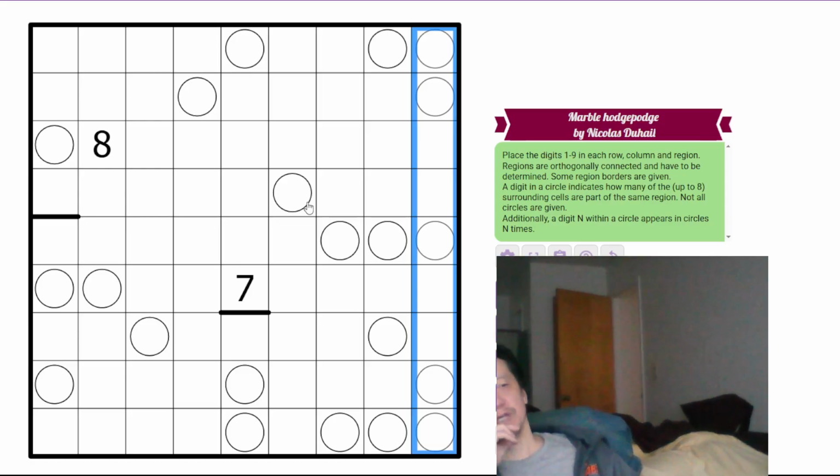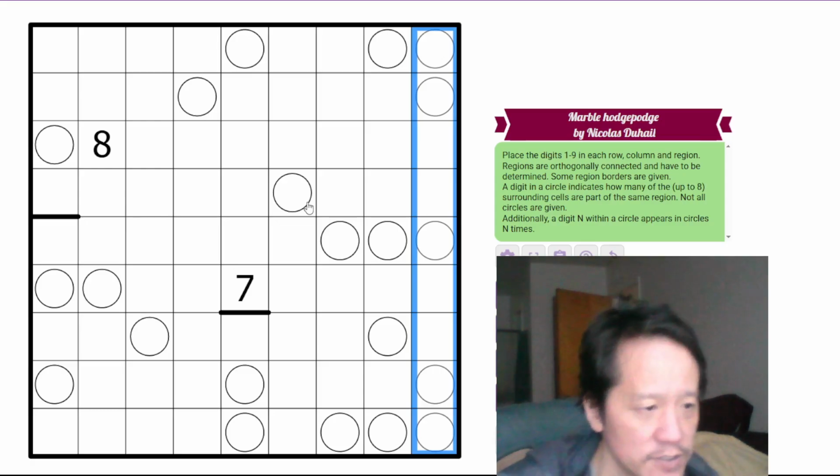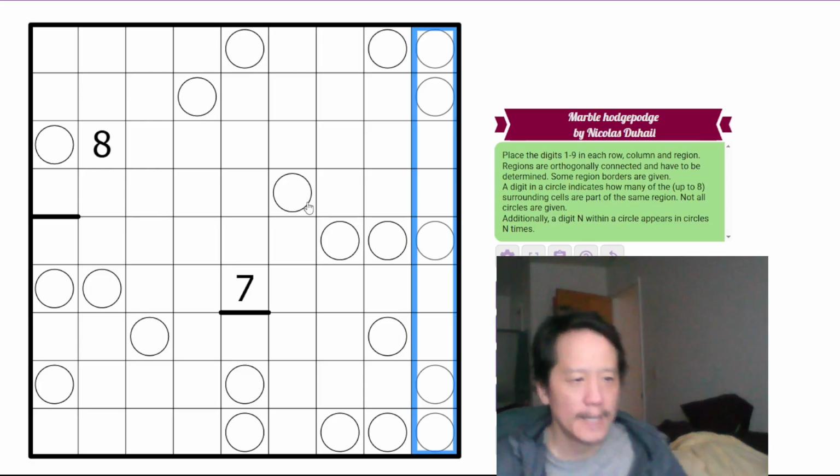So it's at least 5 digits adding up to 21. It could be 6 digits, but we don't know. So it's either 5 or 6 digits adding up to 21.